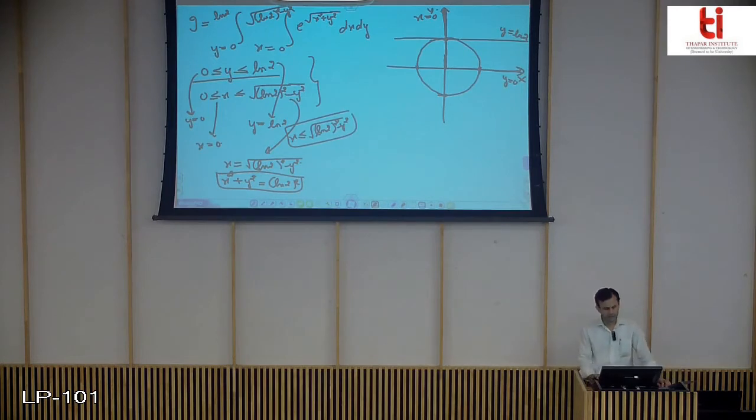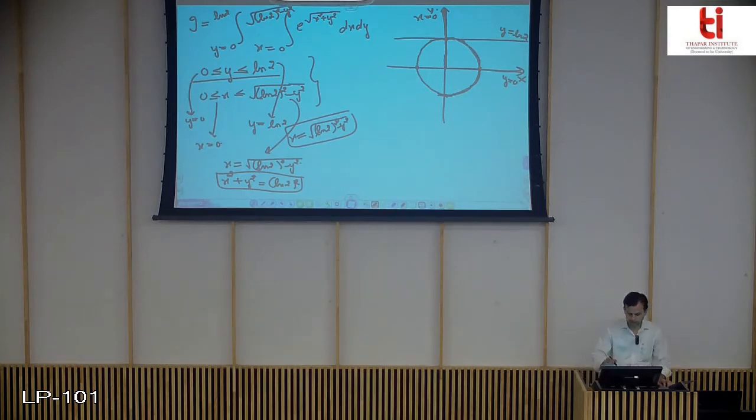Now if I take simply x equals square root of (ln2)² minus y², then it will represent the portion of the circle on the right side of the y-axis. Here x is positive. So this part of the circle it is representing.